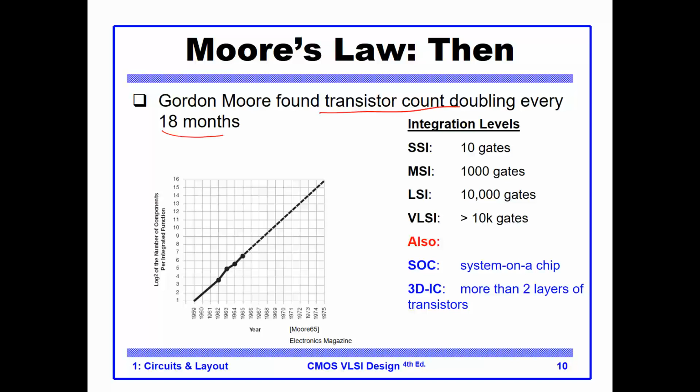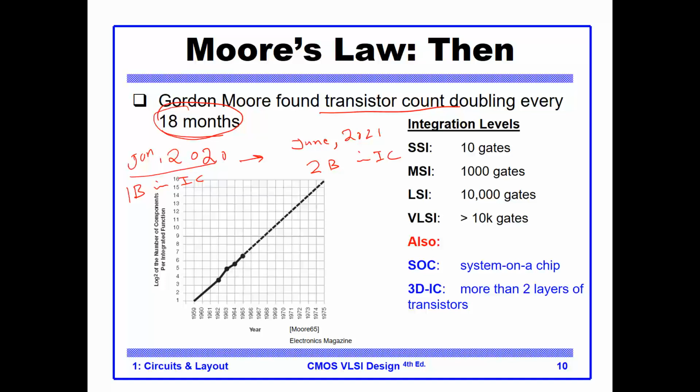So for instance, if in January 2020 my technology allows me to pack 1 billion transistors in an IC, then by June 2021, I should be able to pack 2 billion transistors in an IC. Why? Because every 1.5 years, the number of transistors manufactured in an integrated circuit doubles.